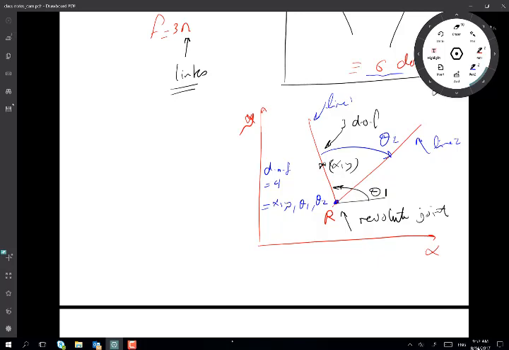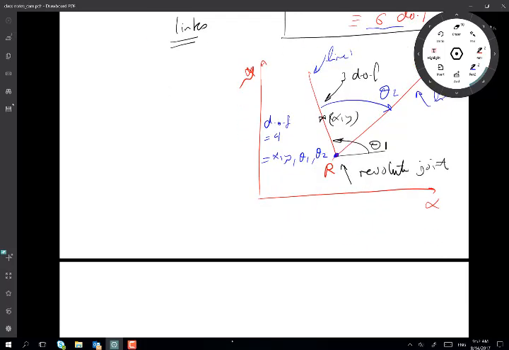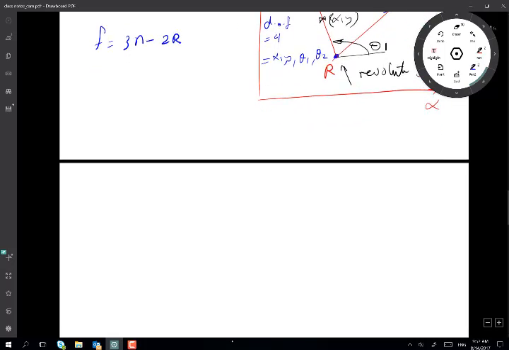So if in the plane I have 3 possible degrees of freedom, R will have to constrain 2 because it allows only 1, which is angle theta. So I can write my equation now, saying that F is equal to 3n minus 2r. We can prove this a little bit more. Here I have 3 times 2 minus 2 times 1, correct?